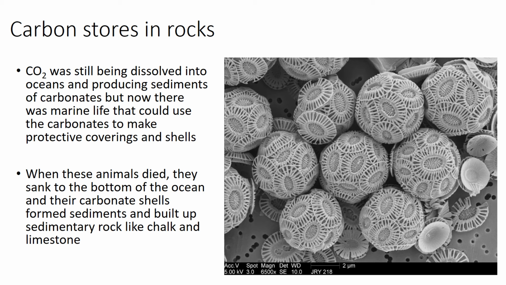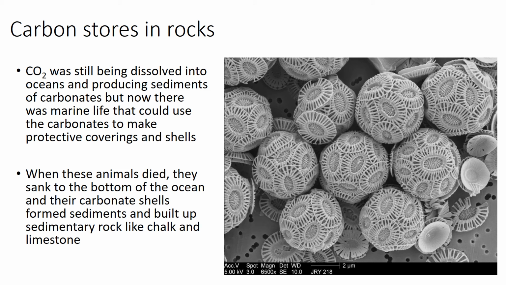So obviously carbon dioxide was still being dissolved into oceans, so oceans were still present. Carbon dioxide would still have been dissolving into it, producing those carbonates to make sedimentary rocks. But now there's marine life. Okay, so that marine life is able to use those carbonates in the ocean to its advantage, making coverings and shells.